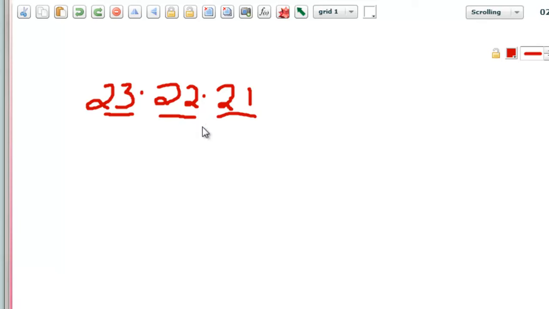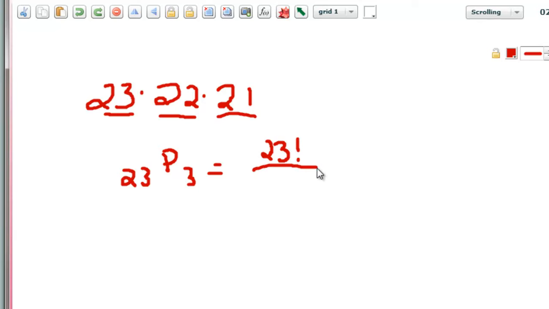Well, another way to think about that, the way a student would make this mistake, is a permutation. So say we had 23 and we're looking at arranging 3 of them. Well, this would be equal to 23 factorial over 23 minus 3 factorial.